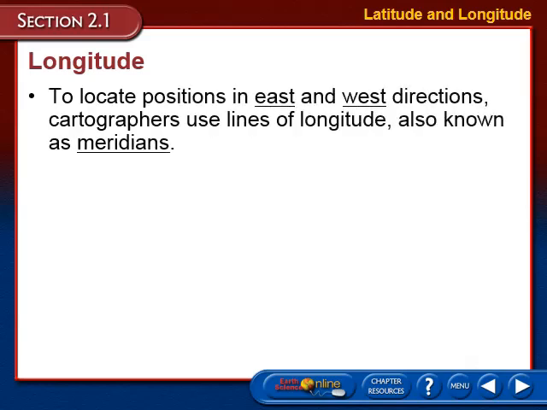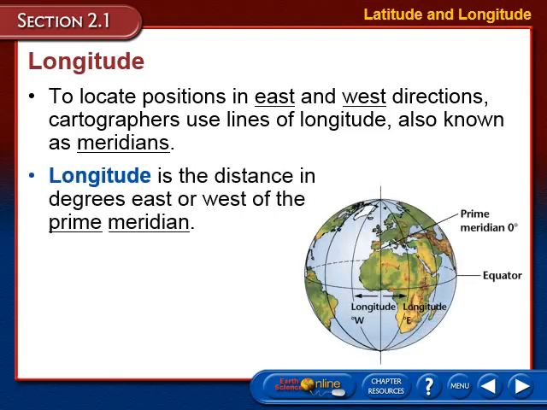With that said, longitude lines on a map go up and down from pole to pole, but they're actually measuring east and west. The lines of longitude are also known as meridians. The prime meridian is 0 degrees.